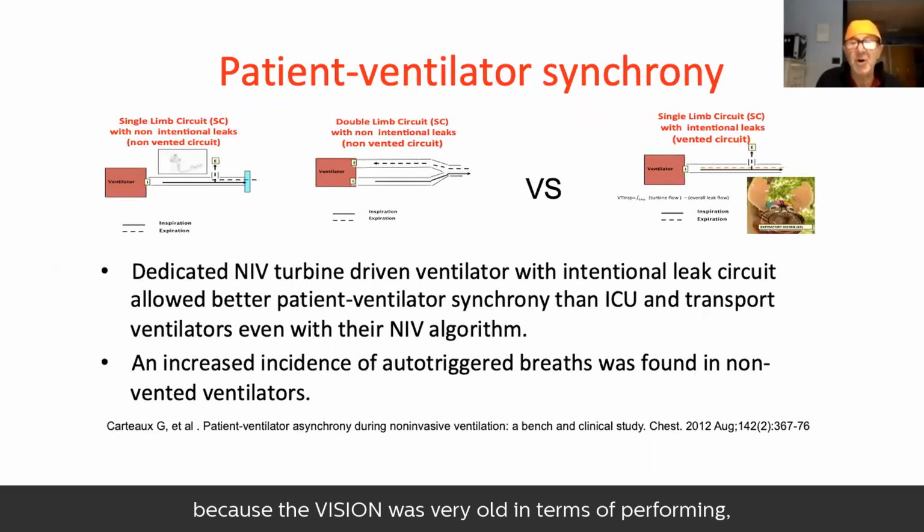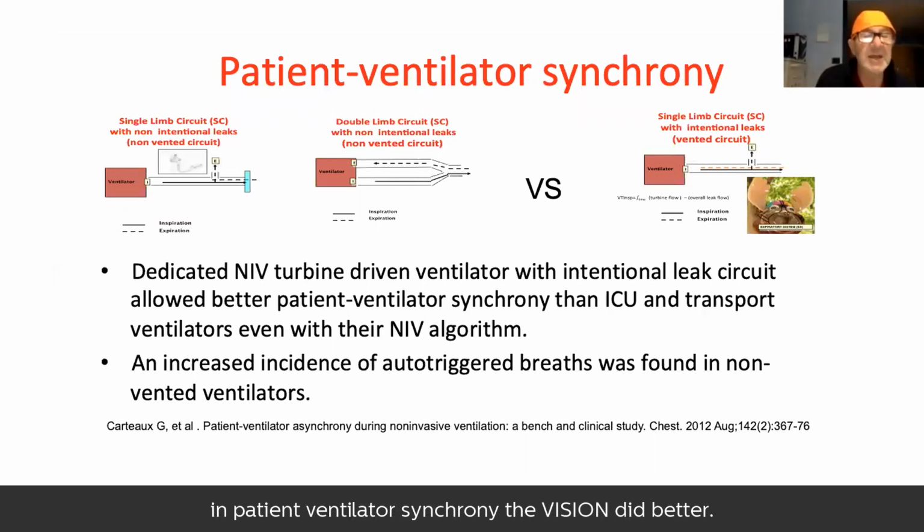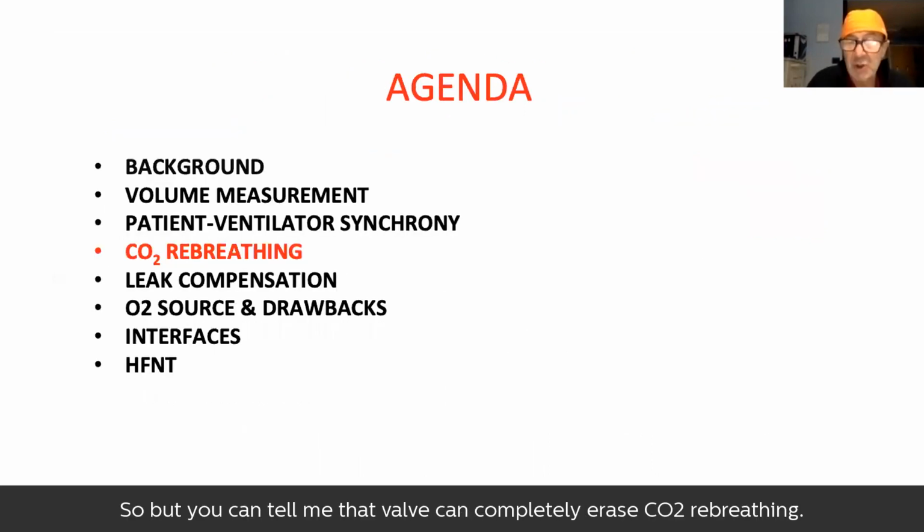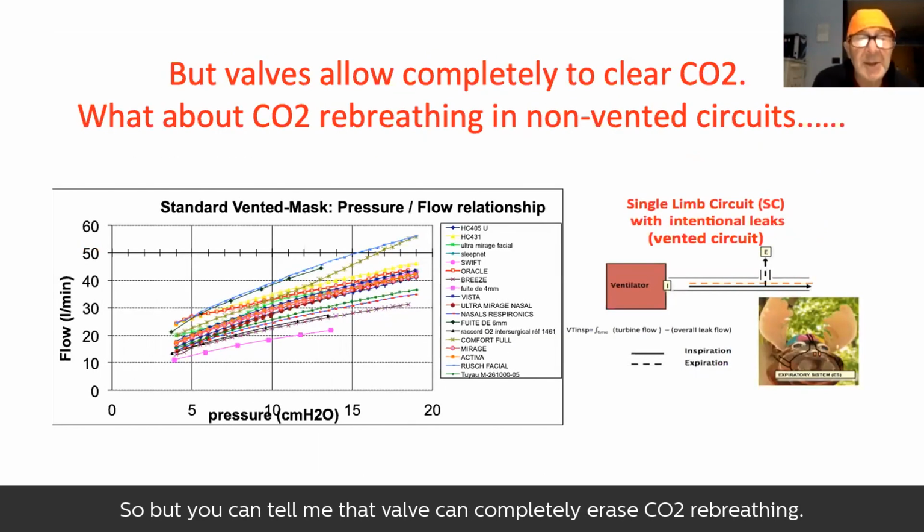In terms of performance in patient ventilator synchrony, the Vision did better even of ventilators that were provided with the NIV software for ICU ventilator. So very good performance. But you can tell me that valve can completely erase CO2 rebreathing.